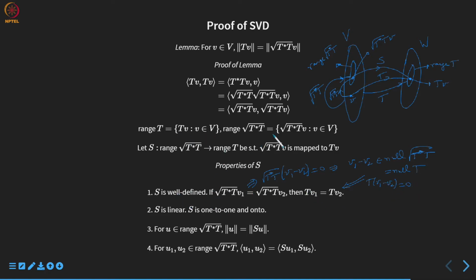So this map is well defined. If two different vectors go to the same point under square root T star T, they also go to the same point under T.